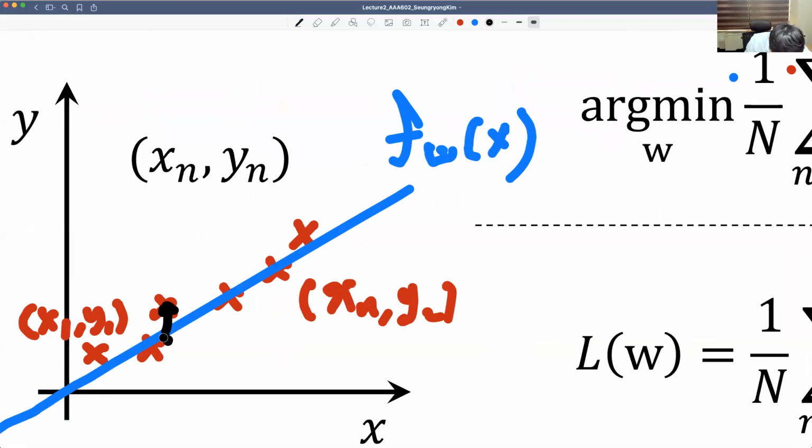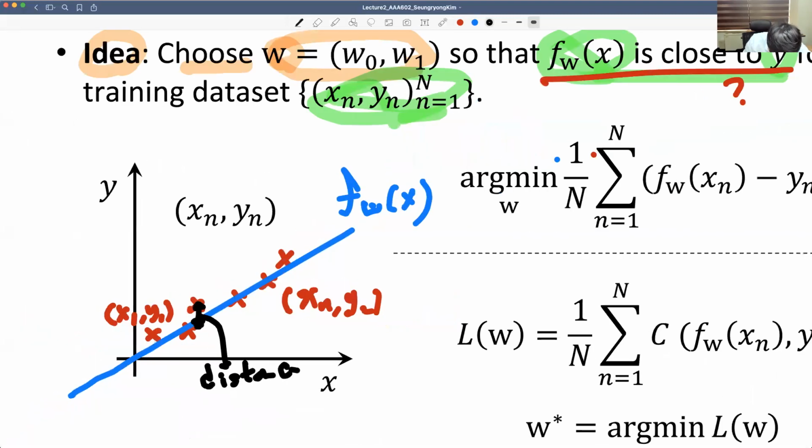So it will be the distance or error, right? Distance or error.